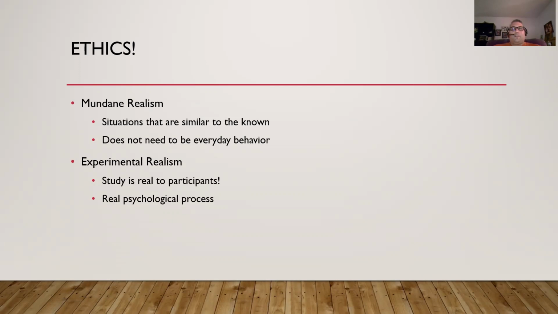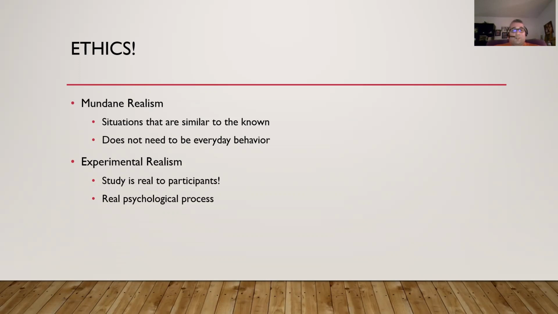No, it does not. You can catch the participants off guard in some ways where the experiment is testing your true knowledge of something, and that's okay. It just can't hurt them or cause stress. So if it's low on mundane realism, that's okay.